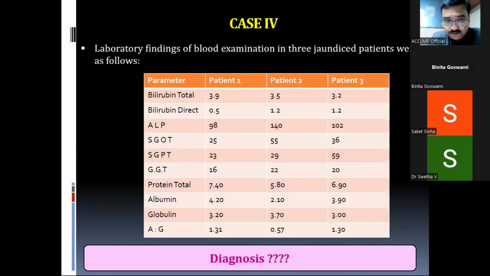Which one? First patient. Okay, then. Patient 2 could be hepatocellular, probably alcoholic etiology, because AST is more elevated than ALT. Okay. Next. And also the albumin is low, so the liver is involved.